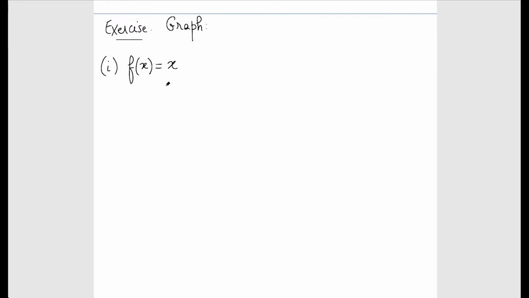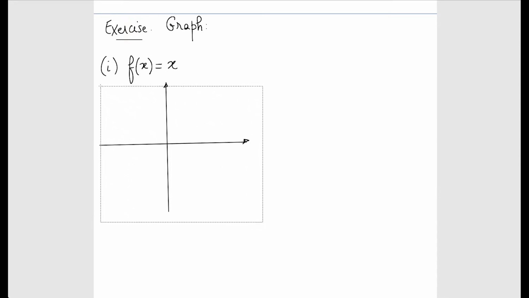So what you get is that, so this is the xy plane. Actually, let me just copy this because I need it shortly. Okay. All right.